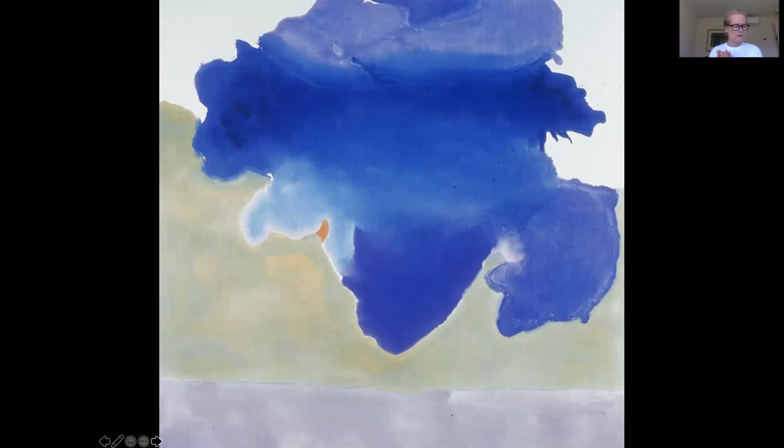Her canvases are also very, very large, and so the paint would flow, and she couldn't control it necessarily. She might be able to pour some here and pour some there, and then add other colors or turpentine to make colors disperse. But she did this in a very subconscious way.